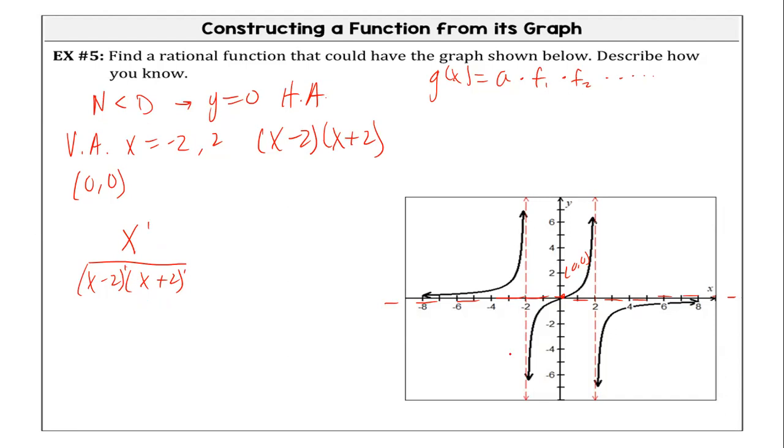The last thing is checking your end behaviors, okay? So are my functions ending correctly? Are they behaving positive and negative? Okay, so your leading coefficient, is it positive or is it negative? The way to test that is by choosing your point and determining what's happening. So if we chose, let's say, 8.